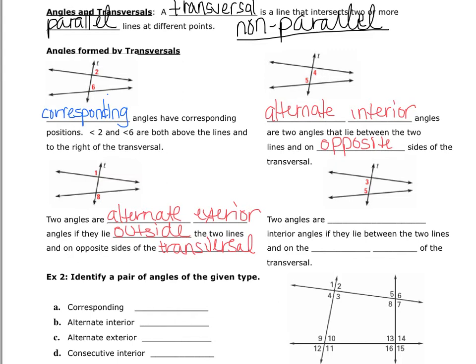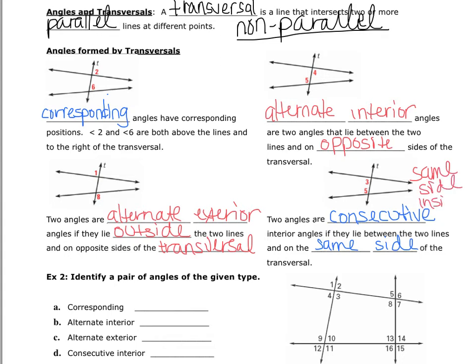The last pair we have are going to be consecutive interior angles. So two angles are consecutive interior angles if they lie between the two lines and on the same side of the transversal. Sometimes these are referred to as the same side inside angles, just because it rhymes a little.